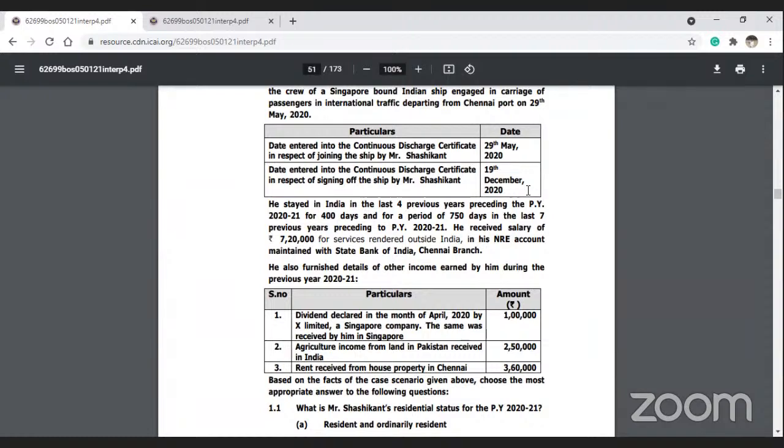So in the current year he was in India only for 160 days. Is it correct? Yes. Okay, so he hasn't satisfied the first condition.